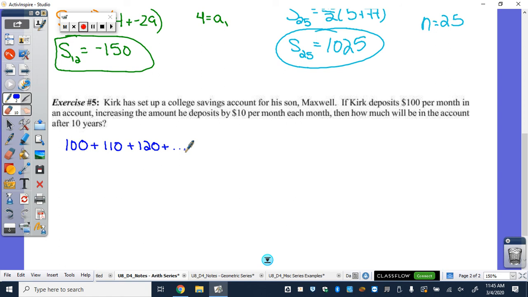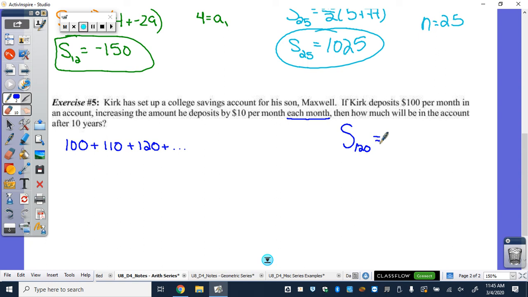So we're trying to figure out the sum. They want to know how much is going to be in the account after 10 years. So we're trying to add up every single deposit he's made for those 10 years. Since it's dealing with an each month basis, how many months in 10 years? 120.